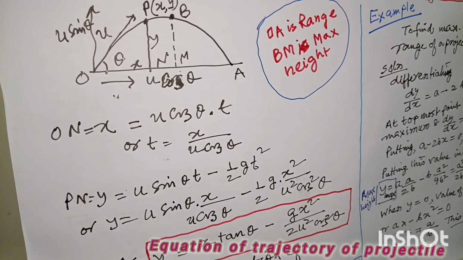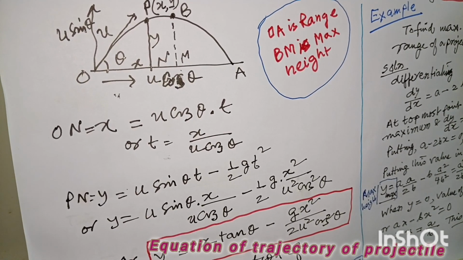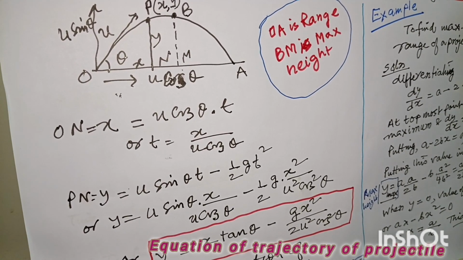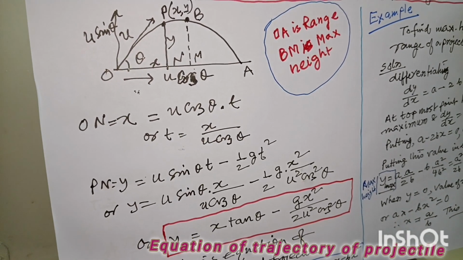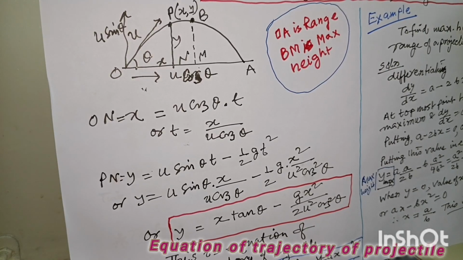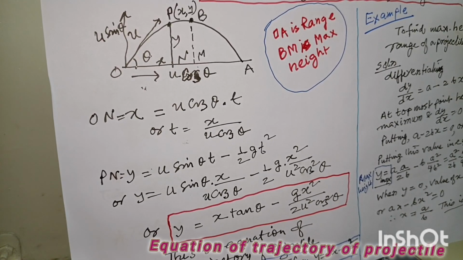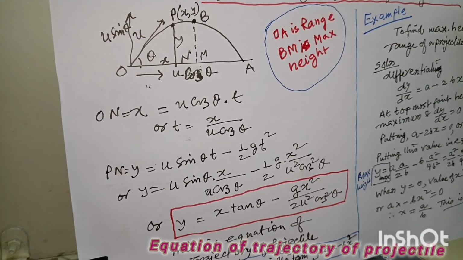That means our purpose is to eliminate t. So we have found the value of t from this equation. Now PN, which is y, is the displacement in y direction, which is u sin theta into t minus half g t square, by the kinematic equation.